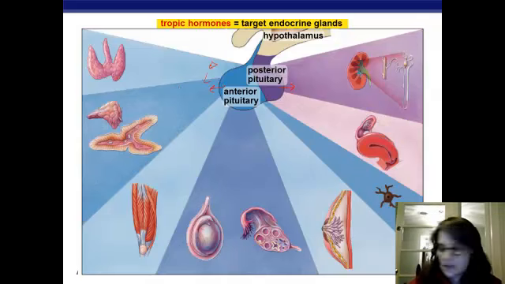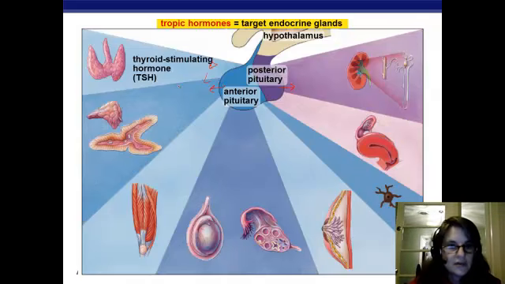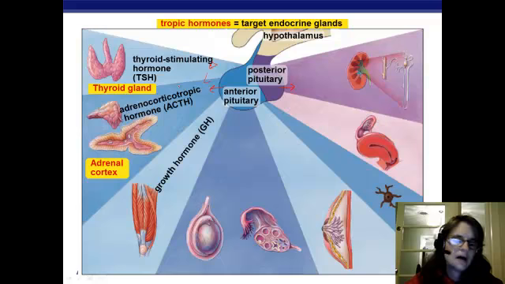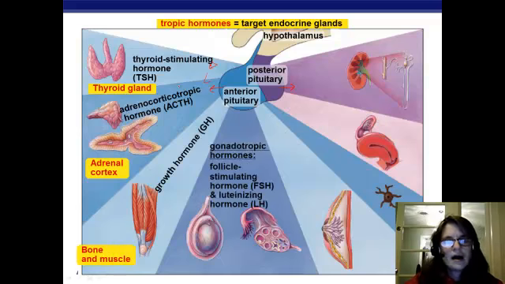The anterior pituitary releases thyroid stimulating hormone, which is dealing with stimulating the thyroid gland, obviously. ACTH is a hormone. Nobody's going to ask you about it, I hope. Growth hormone. Gonadotropic hormones, which are going to be affecting the testes and the ovaries, the reproductive organs.